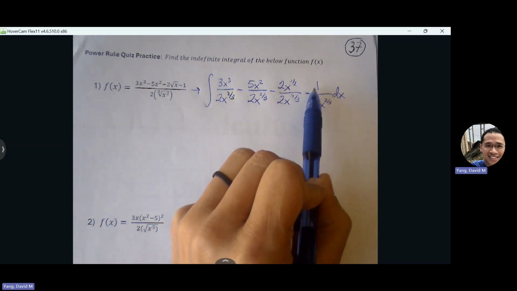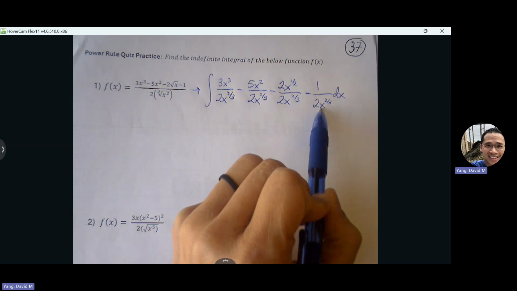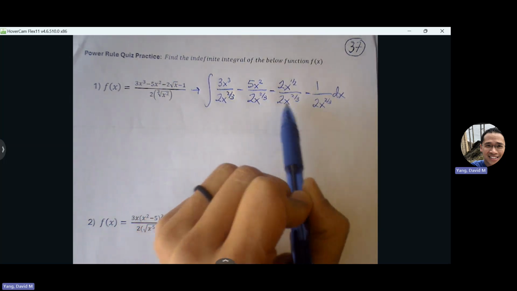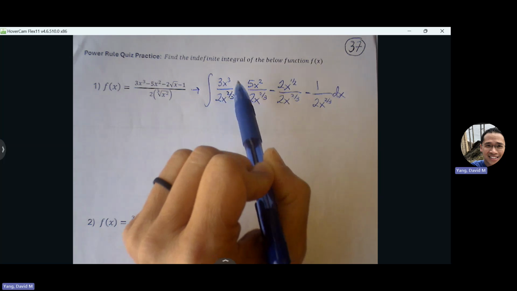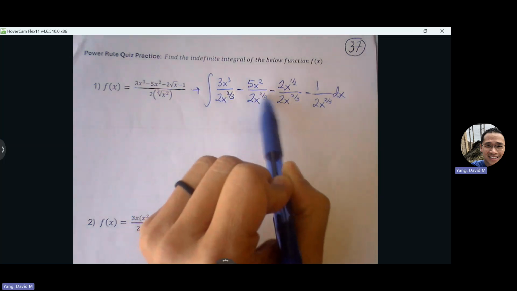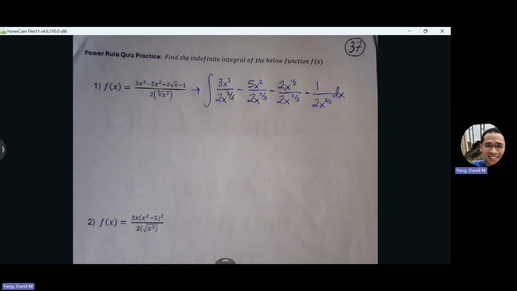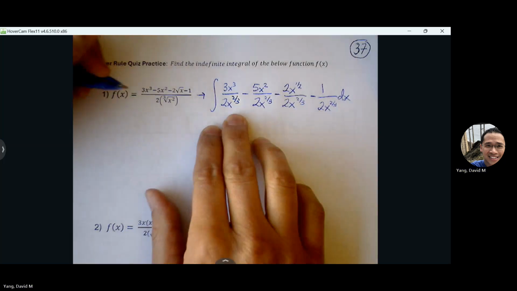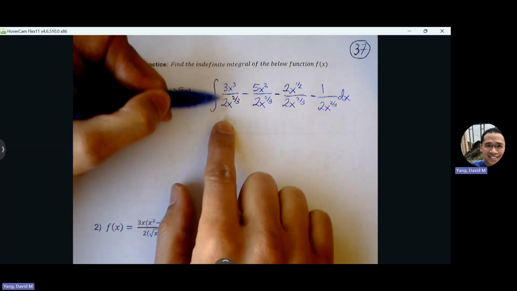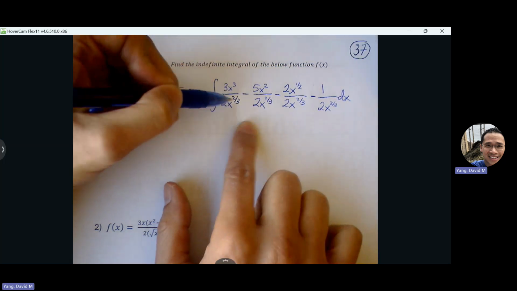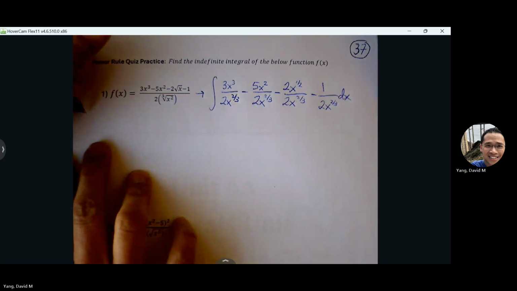But that constant doesn't go away because it's not really a constant. It's still connected to this term here. So we're not ready to apply anything with calculus until all these x's merge into 1x. The way we do that is we subtract the exponents. As we subtract the exponents, the fraction is going to stay. The 2 is going to stay. It's just the x that has to come up.